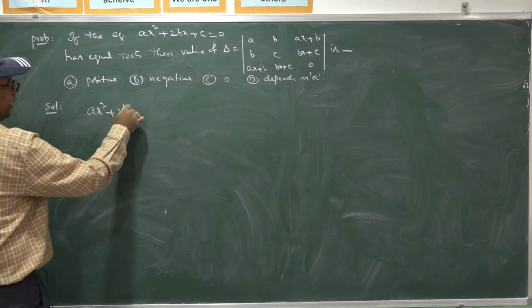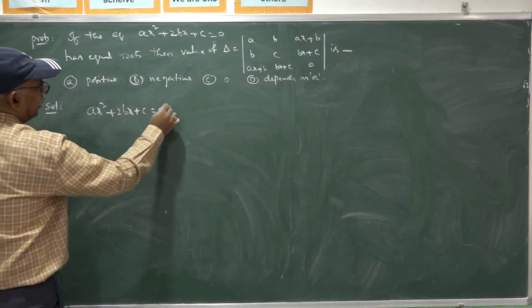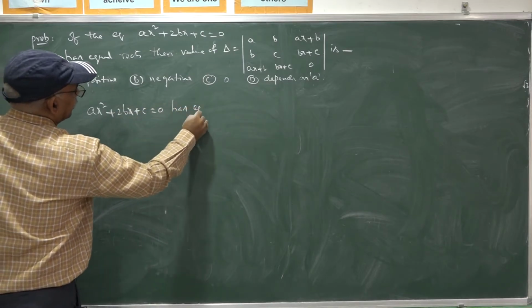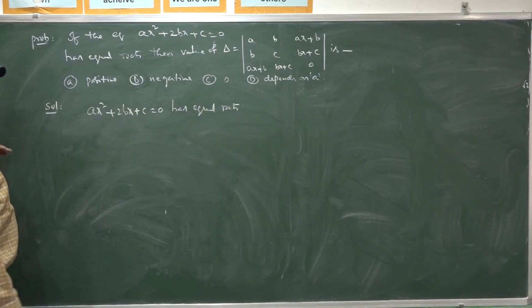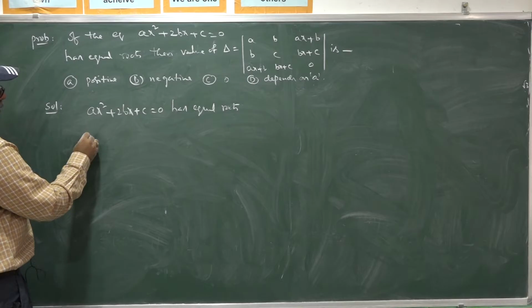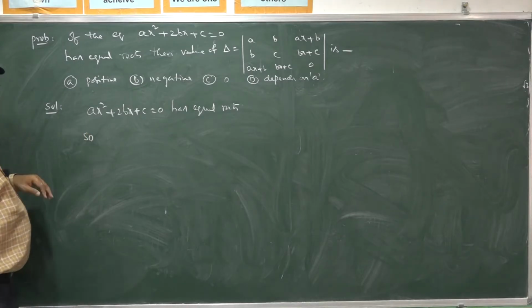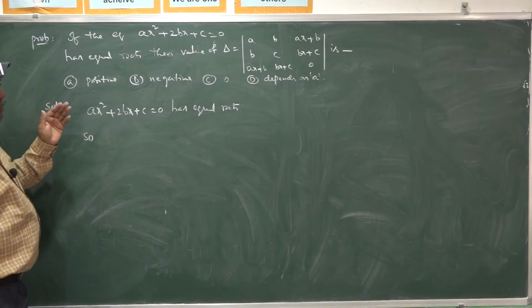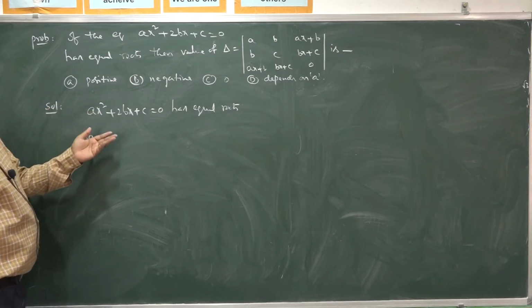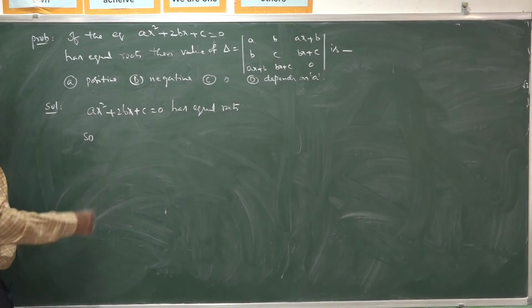Ax square plus 2bx plus c equal to 0 has equal roots. So since they are equal roots, the discriminant b square minus 4ac is 0.